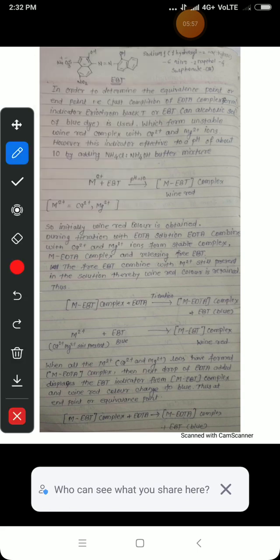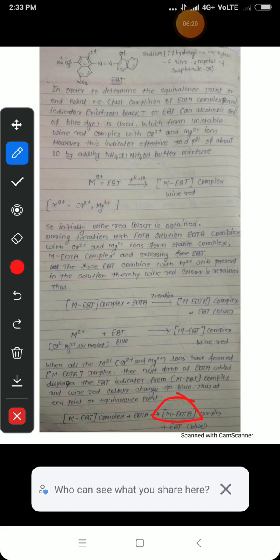Here is the metal EDTA complex, which is a stable complex. In this way, the EDTA traps the metal ions and forms a complex with them. So we can determine the hardness of the water by using EDTA and Eriochrome Black T as an indicator.